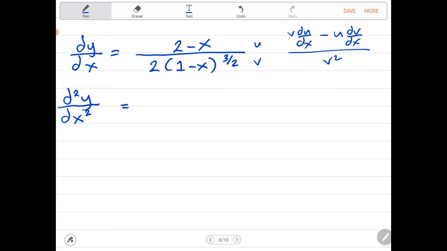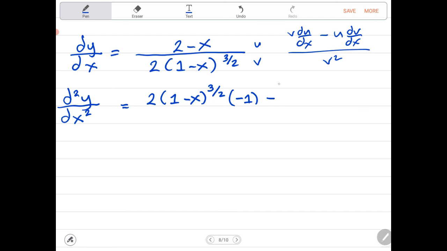So let us follow the formula. We have 2, copy the denominator, 1 minus x raised to 3 over 2, times the derivative of the numerator. Numerator is 2 minus x. What is the derivative of 2 minus x? That is negative 1.